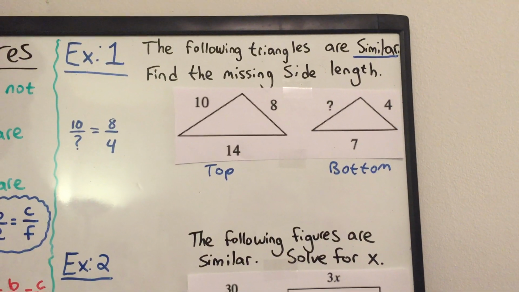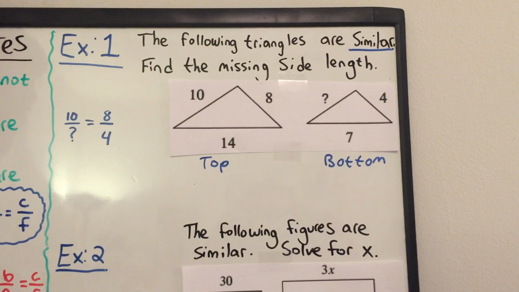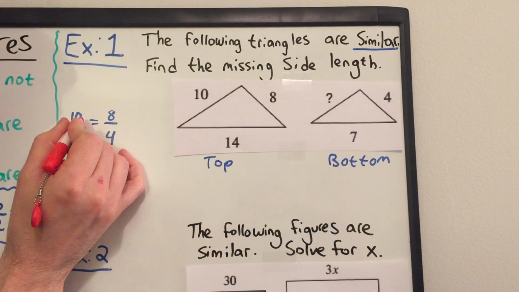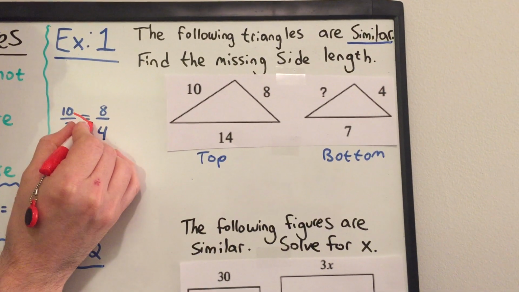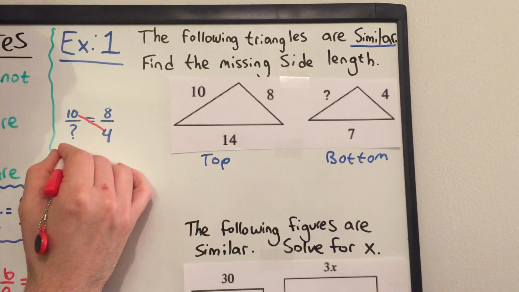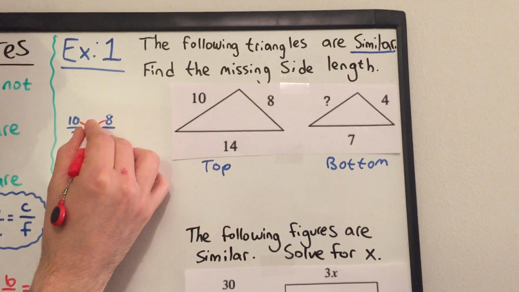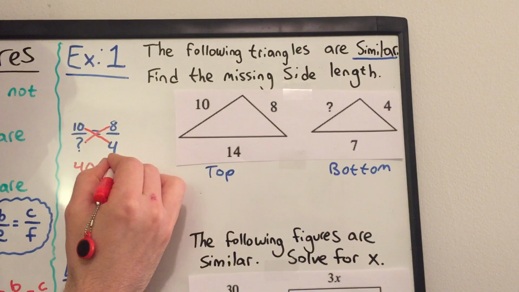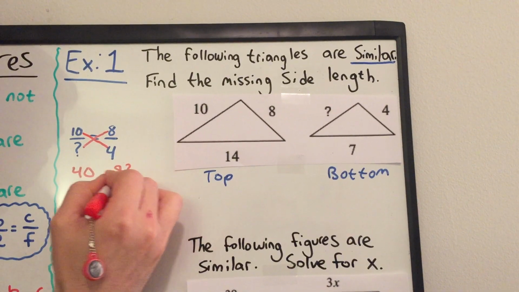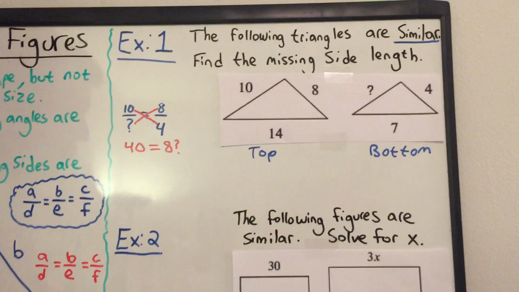Now, some people might remember cross multiplication maybe from 7th grade or earlier. This is what we're going to do here. Cross multiplication means you're going to multiply diagonally. So I'm going to go 10 times 4 and get 40. And then I'm going to multiply 8 and the question mark and get 8 question mark, and then of course put equals in between those two.